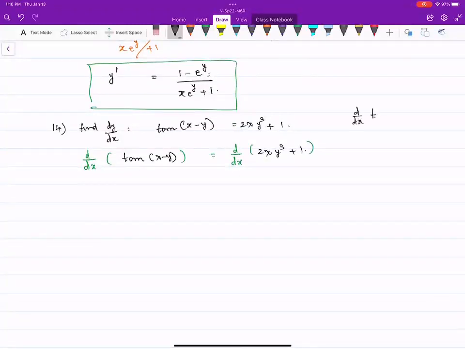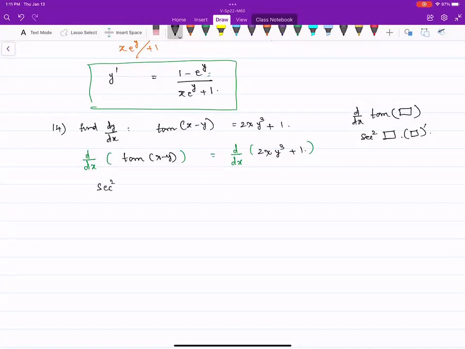It is the outer derivative, which is secant squared of something, times the derivative of the inside. The derivative of tan x is secant squared x, which we know from the derivatives of trigonometric functions section. So now we do the outer derivative times the inner derivative.